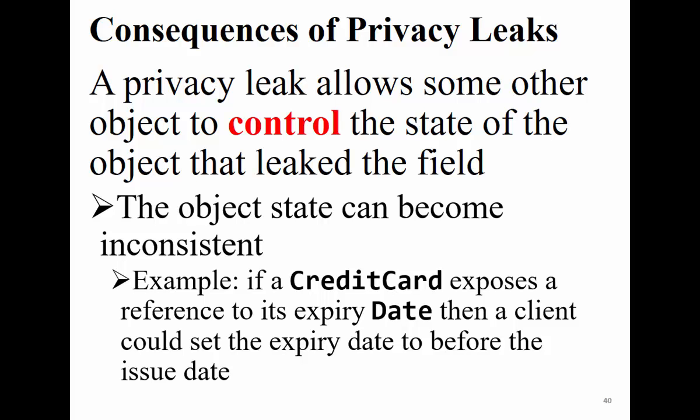So this kind of relation between the credit card and the expiry date is a composition, and whenever the client is asking for the expiry date, I should create a new object, copy the expiry date and return it back to the user. The user should not have access to the actual expiry date.